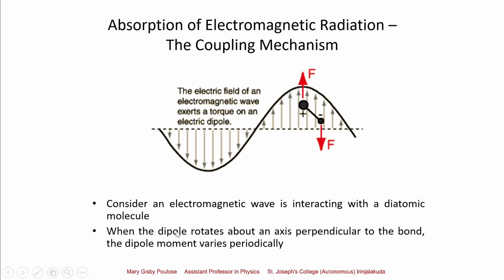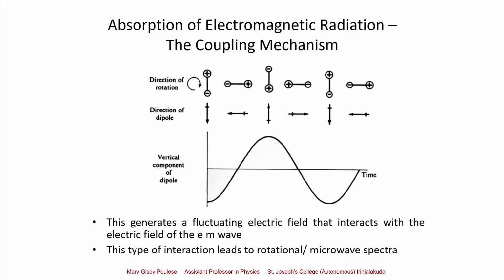So when the dipole rotates about an axis perpendicular to the bond, the dipole moment varies periodically, and that variation is shown here. So the shift in this dipole moment will produce a fluctuating electric field. This electric field then interacts with the incoming electric field of the electromagnetic wave, and this produces the rotational or microwave spectrum.